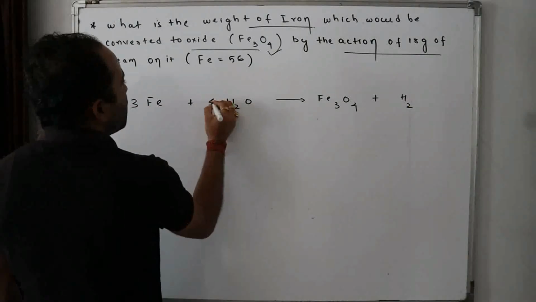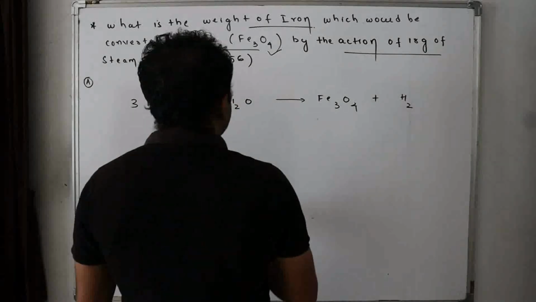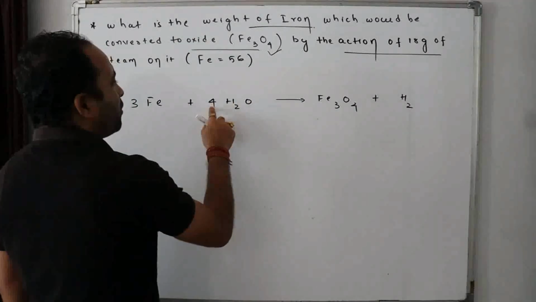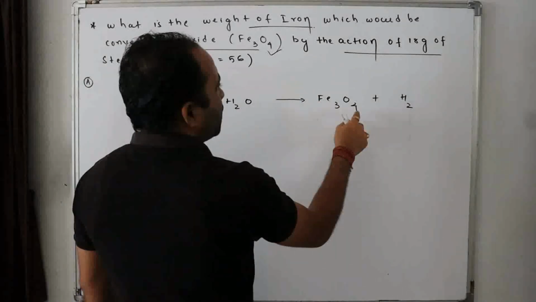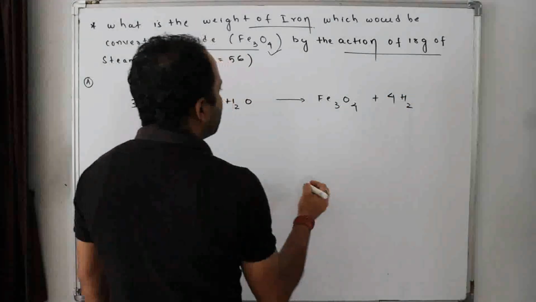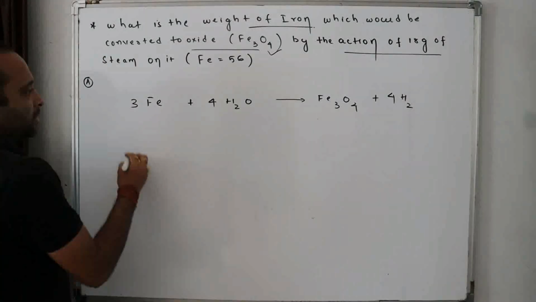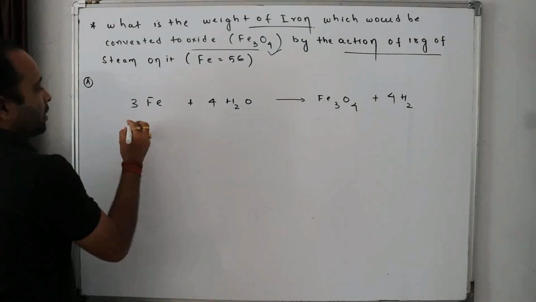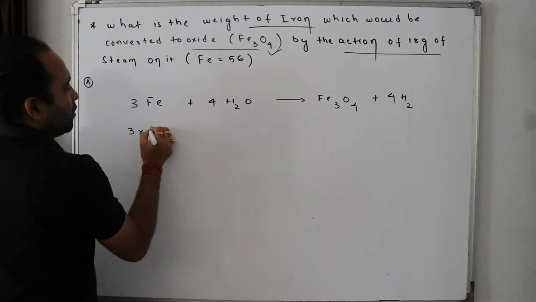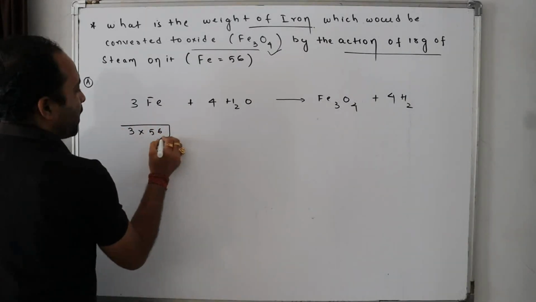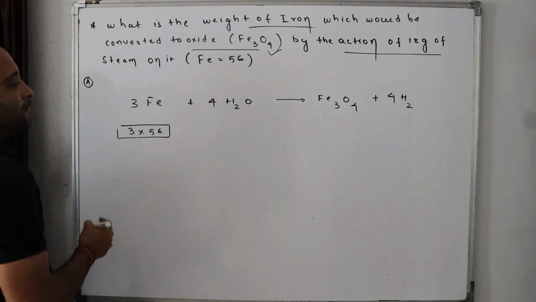3 Fe, 4 H2O. So now 3 iron, 4 into 2 is 8 hydrogen. Hydrogen is now here. 8 hydrogen, 4 oxygen, balanced. Now, is it balanced? Check it out. Now see. 3 into 56 grams of iron. This is the atomic mass of iron.